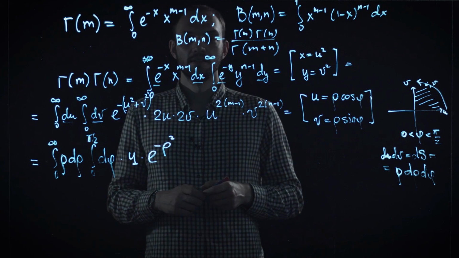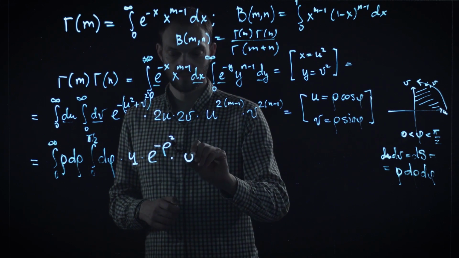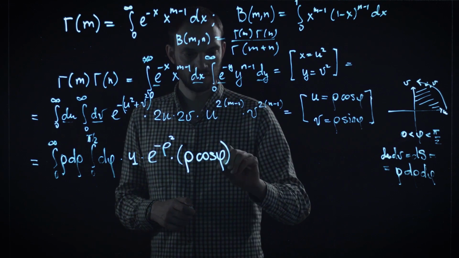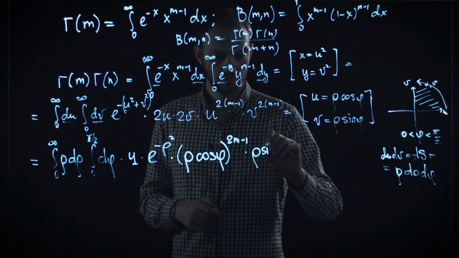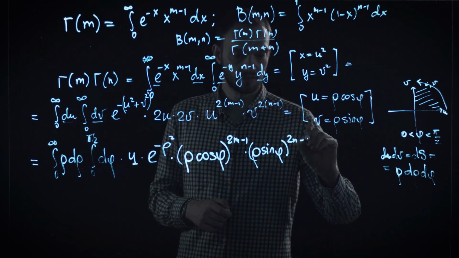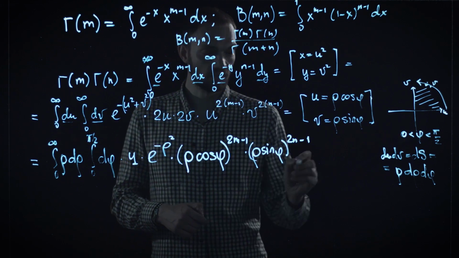Продолжаем. And the rest is rho cosine phi to the power 2m minus 1 and rho sine phi to the power 2n minus 1. So now everything is present here.